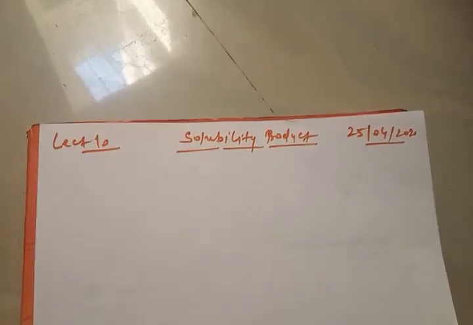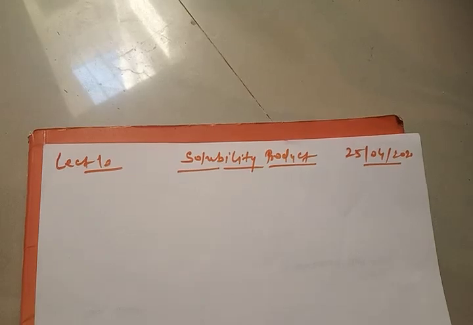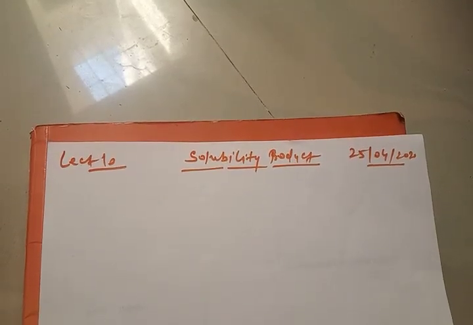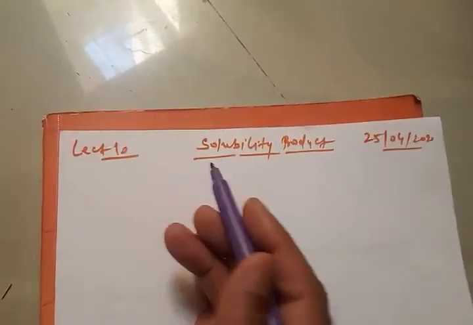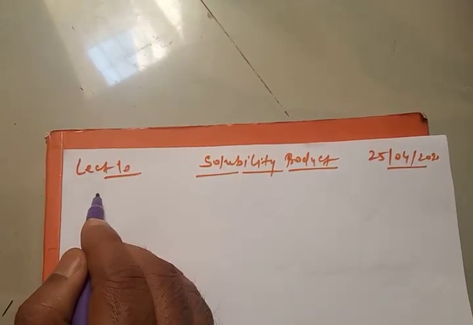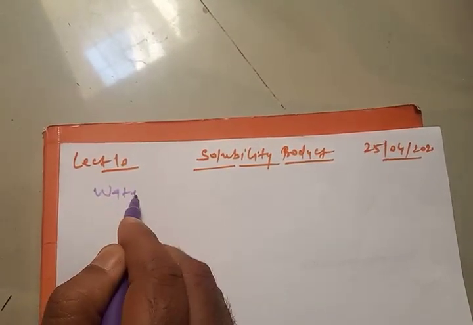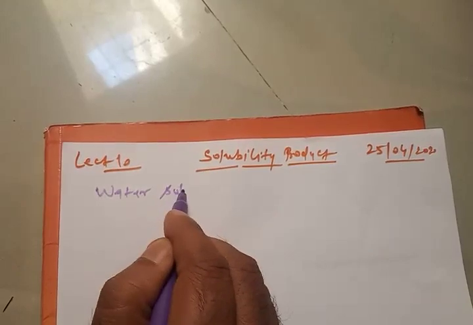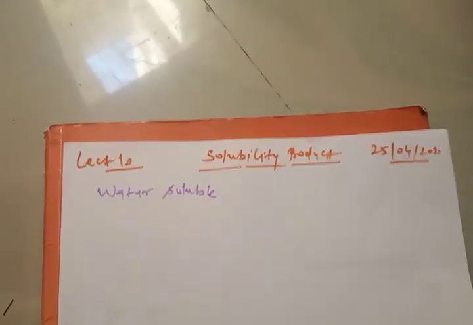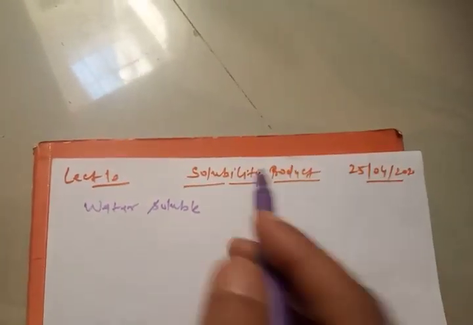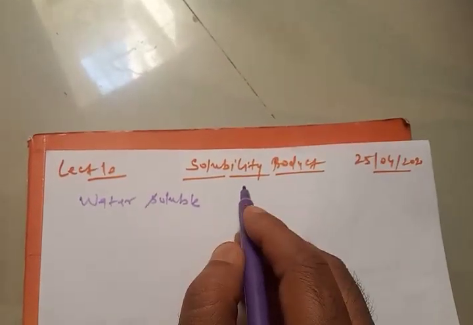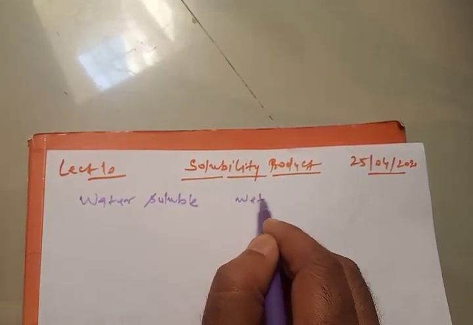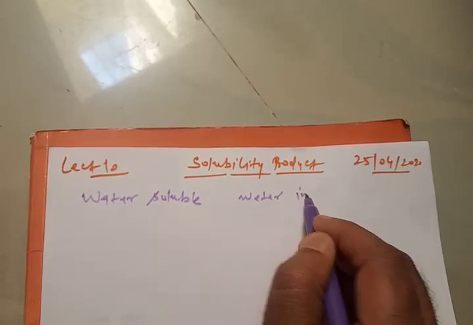Earlier, what we knew about solubility is that a substance can be water soluble, and there is also water insoluble.